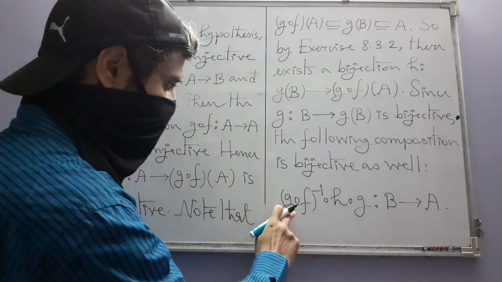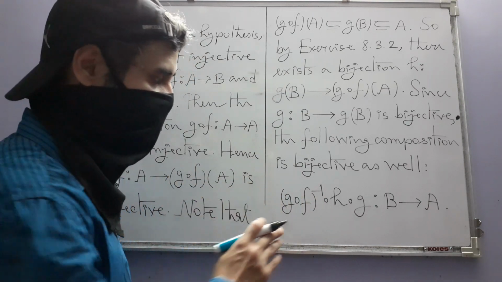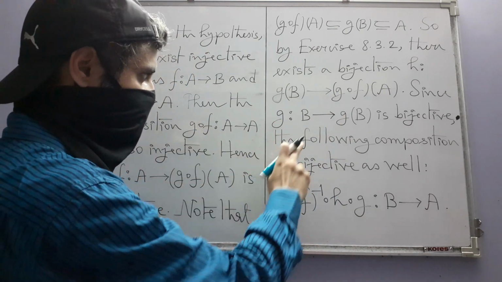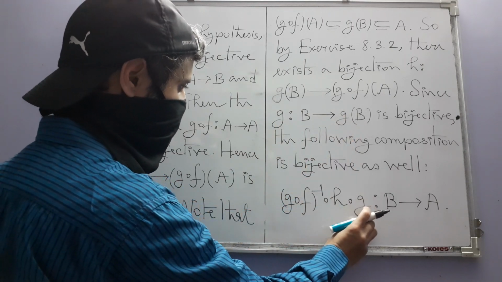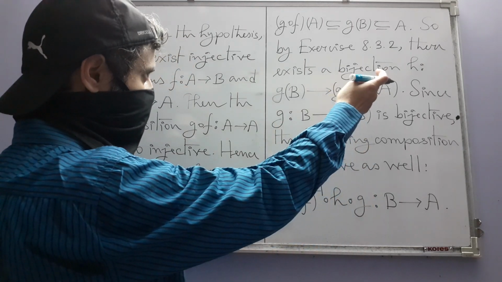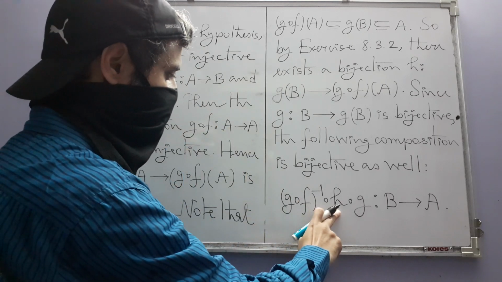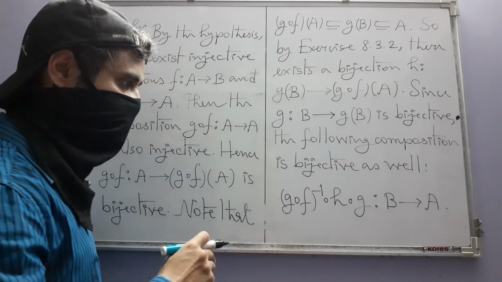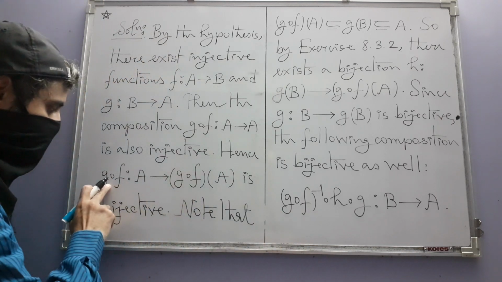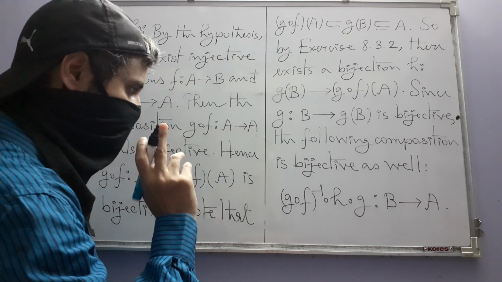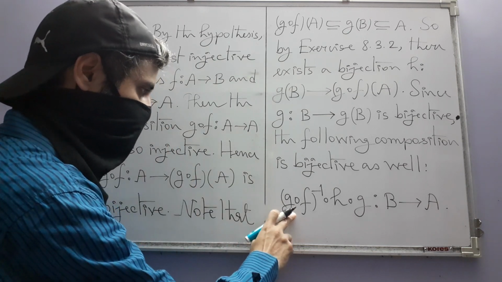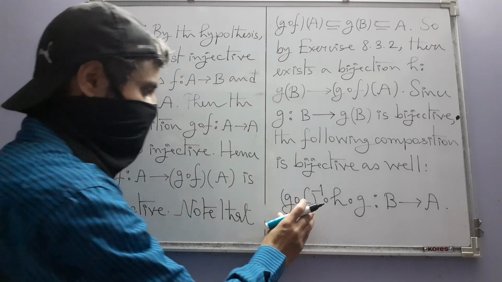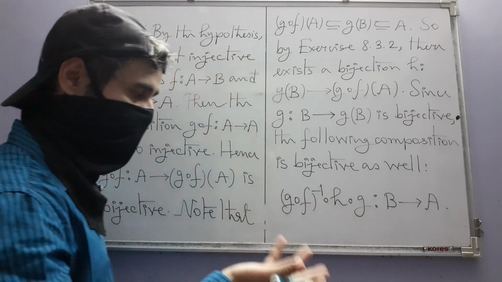And note that all the three maps we have written here are bijective. G is bijective. G means not the original G but this G. Okay, that is bijective. H is a bijection, which we are getting from the previous exercise. And the inverse of G composition F first of all exists because G composition F is bijective. And again, we know that when the inverse exists, the inverse itself is also bijective. So that's why we are looking at a composition of three bijections.